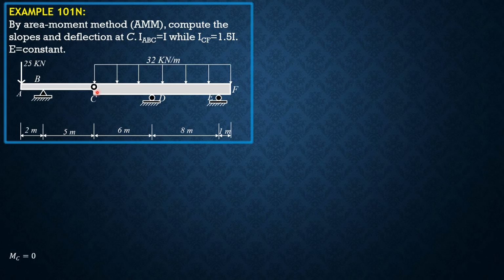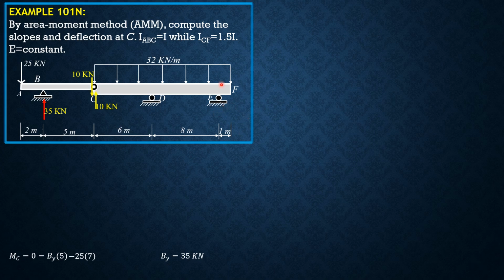So moment about C equals 0 considering ABC, so BY times 5 minus 25 times 7 equals 0. So BY is equal to 35 kilonewtons upward. Therefore, the reaction at C just to the left should be 10 kilonewtons downward. Then by action-reaction, 10 kilonewtons upward at C.